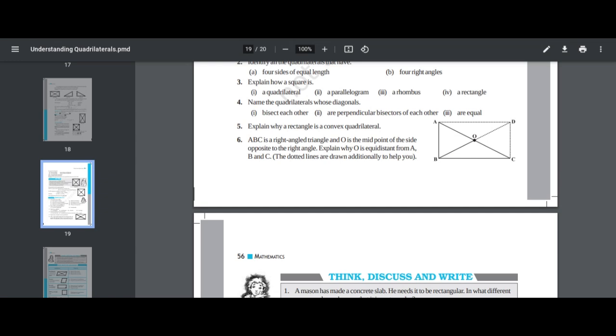Equidistant means the distance of O to B, O to A, and O to C is equal. The dotted lines are drawn additionally to help you.